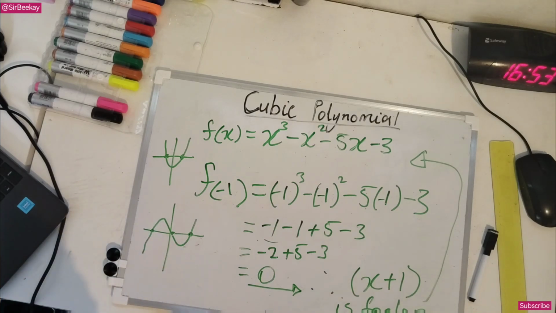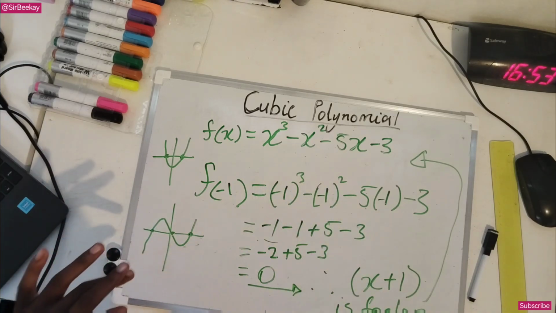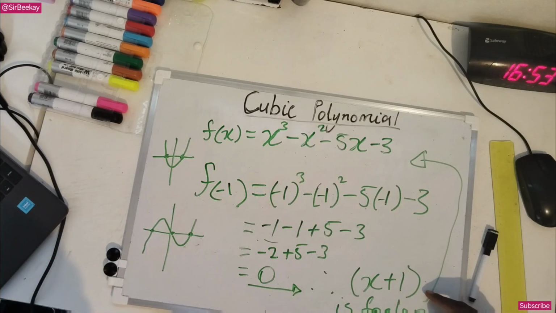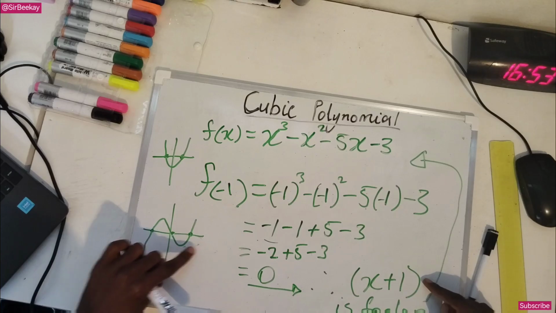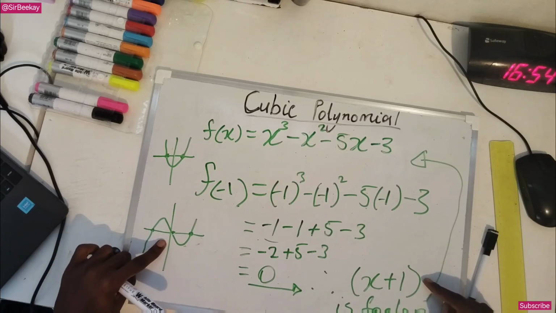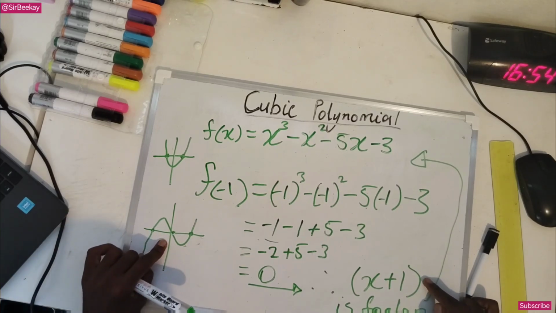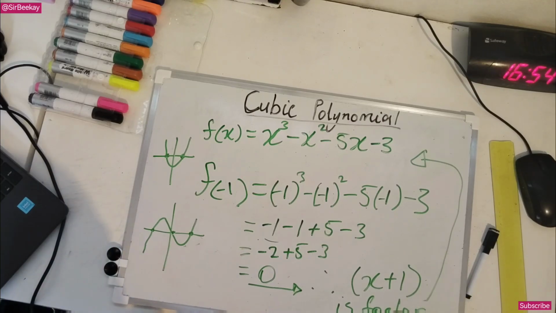So this x plus 1 must be one of the roots on my cubic function or my cubic polynomial, because it is a factor, it gives me 0.